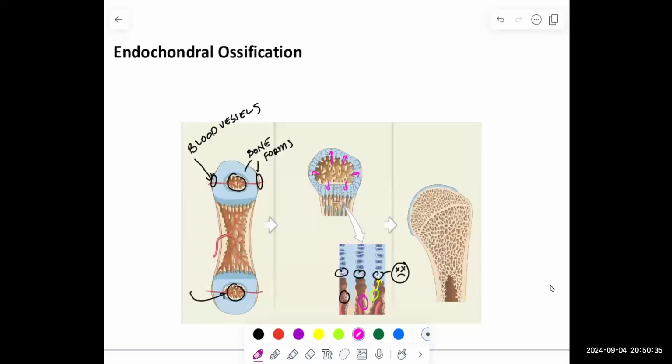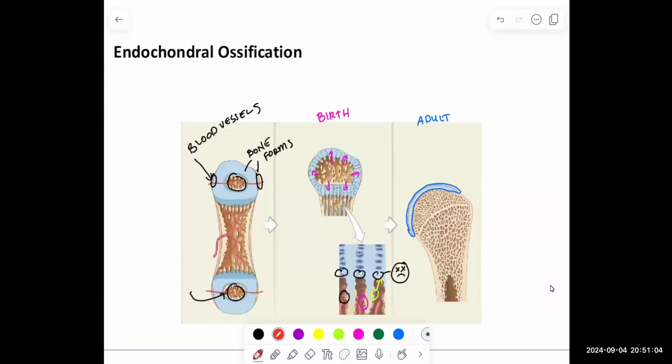Okay. So this is what the bone will look like at birth, where there's still a lot of cartilage because that baby still has a lot to grow. As an adult, and by adult, I mean like a late teenager, the cartilage is all just the end of the bone.